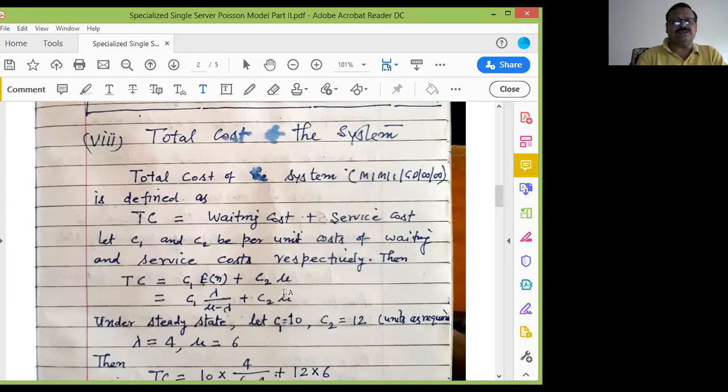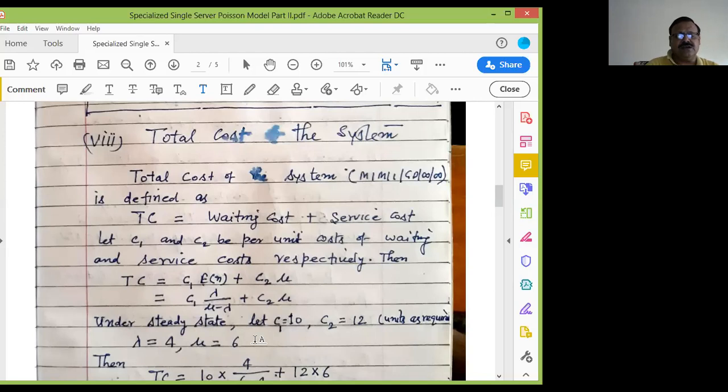This is the rate per unit. This many customers are being serviced. So C2 into mu is the service cost.